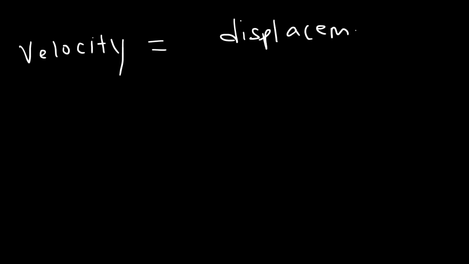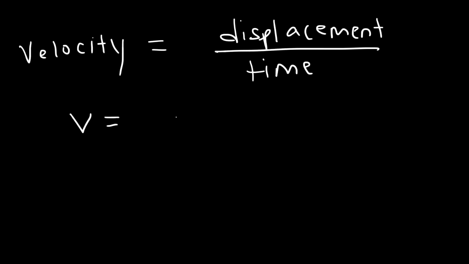Velocity tells you how fast an object's position is changing with respect to time. So basically, velocity is the displacement, which is the change in position over time.